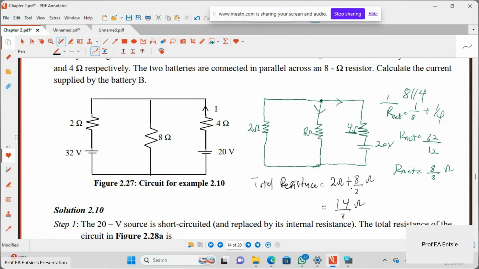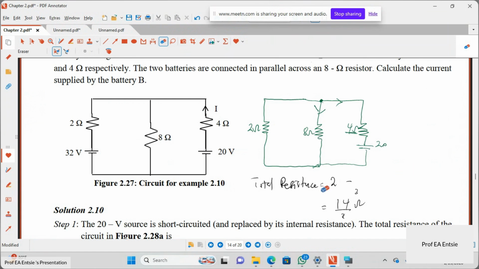Now that I've found the total resistance in this circuit, which is 14 over 3, I can find the total current, because I have the total voltage which is acting now, the 20 volts.